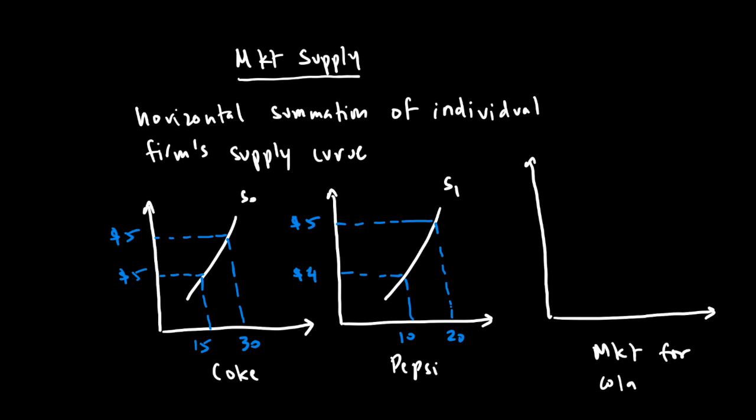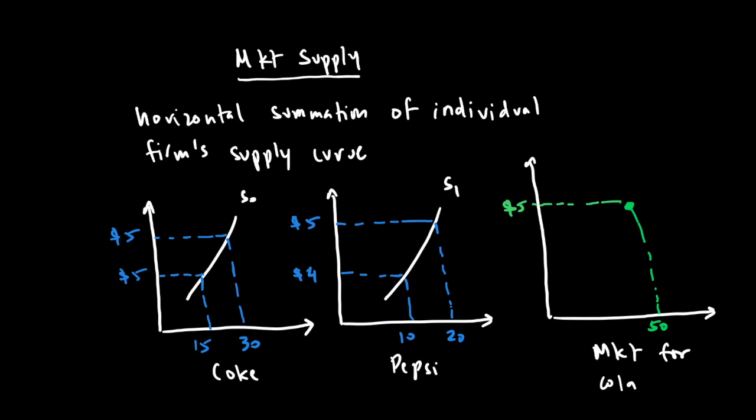So what's the horizontal summation going to look like? For $5, the market is making 30 plus 20, which means the market is making 50. Okay, that's one point on my market supply curve.